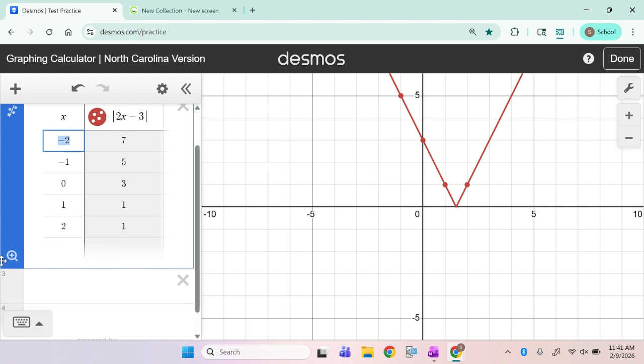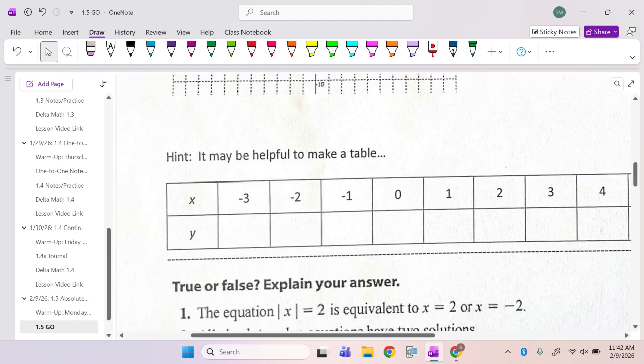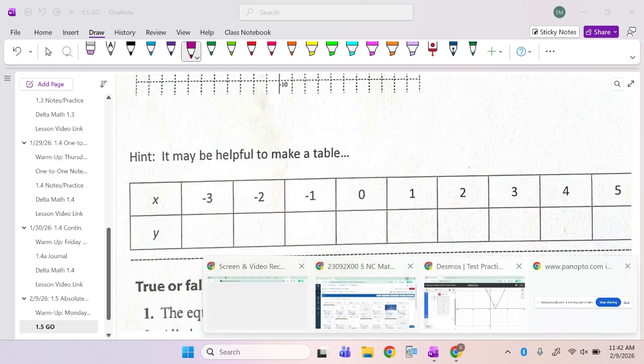All right. So take a minute. Using that table, fill in the table on your sheet with the given x values. So if there's any of them that are not on that current table, generate them.